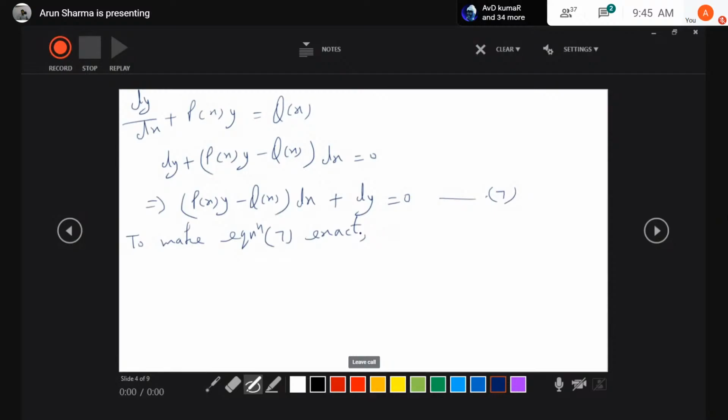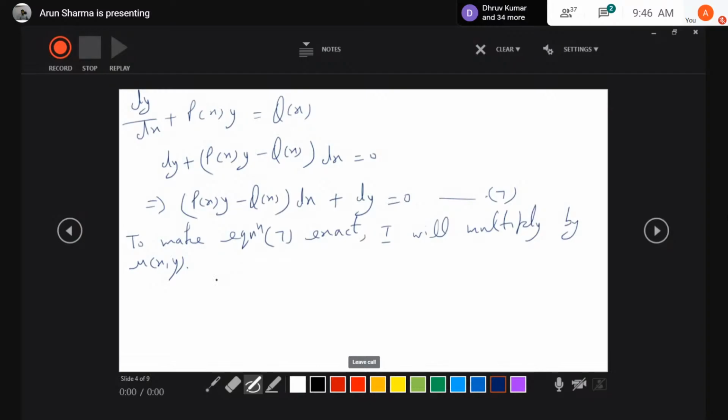To make equation 7 exact, I will multiply by mu(x,y), and this mu(x,y) is the integrating factor.